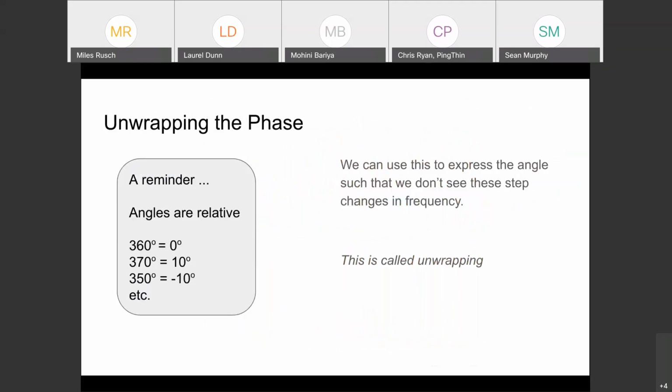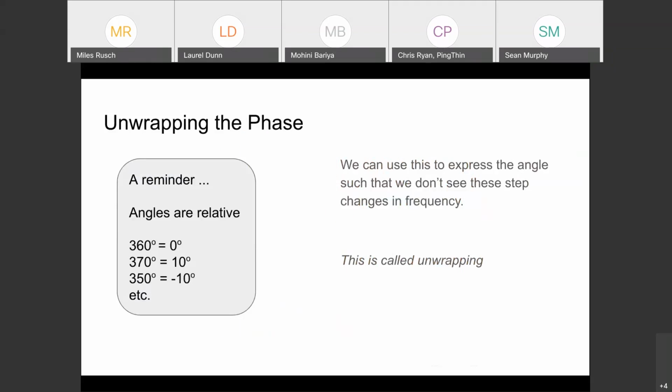And so to do that, we're going to unwrap the phase. And what that means is remembering that angles are relative. And so an angle of 0 is equivalent to an angle of 360. An angle of 10 degrees is equivalent to an angle of 370 degrees.